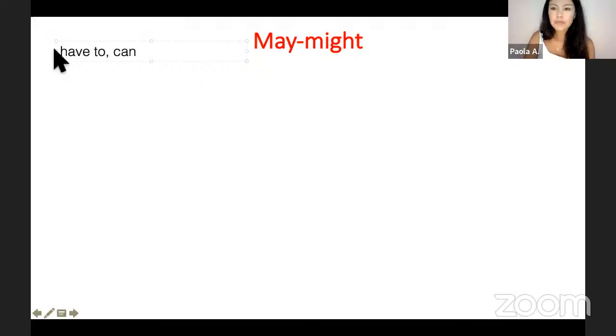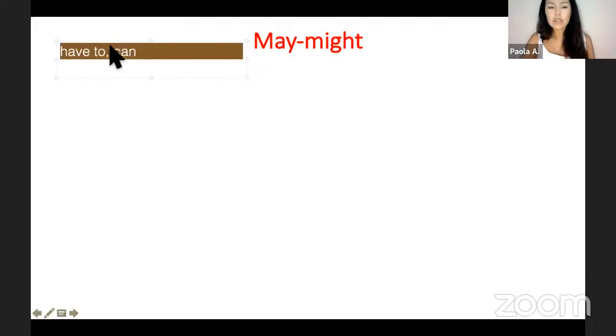Okay, great. Thank you, Larissa. So have to and can, as well as may, might, could, and any other modal verbs, are used to talk about something specific when we are writing with a specific intention.